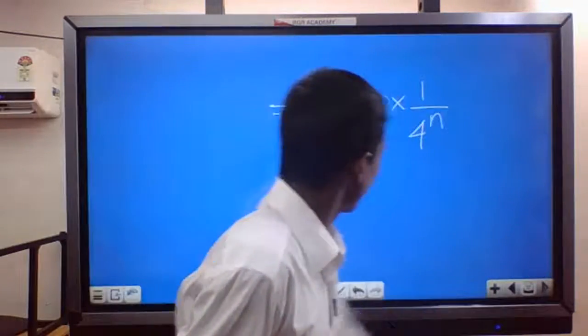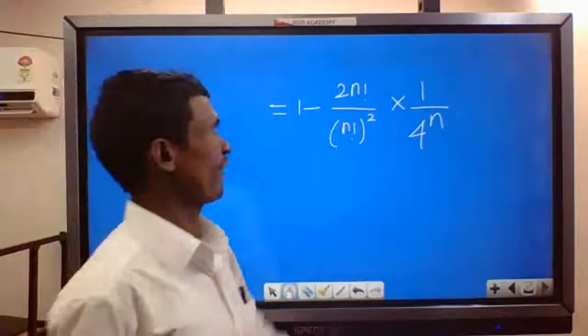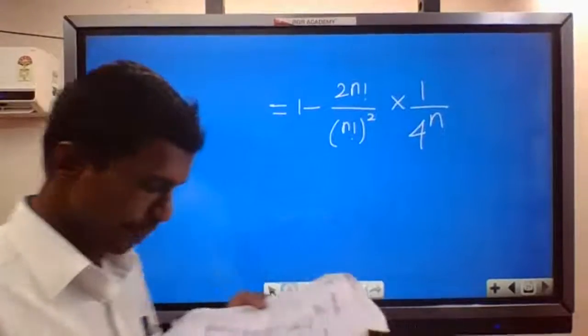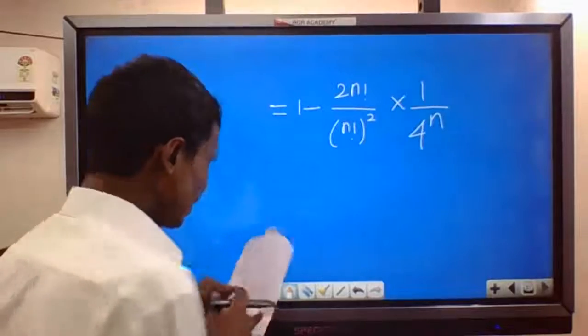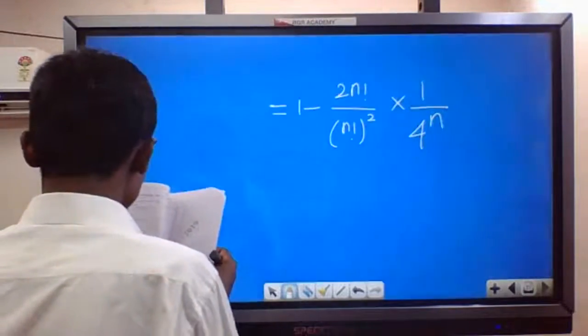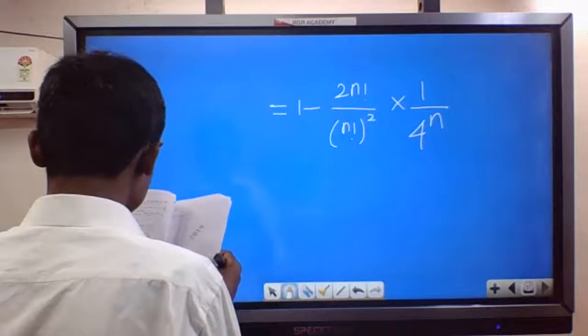So the remaining: 1 minus 2n factorial divided by n factorial whole square into 1 by 4 power n.